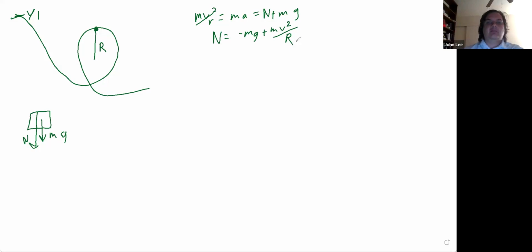And then we know mg, we know r. What we need to know is the velocity at that point.